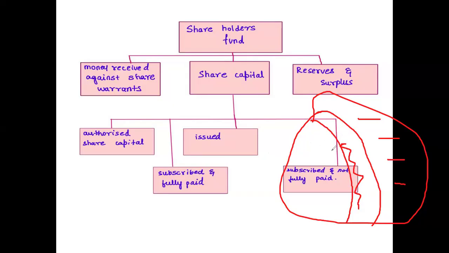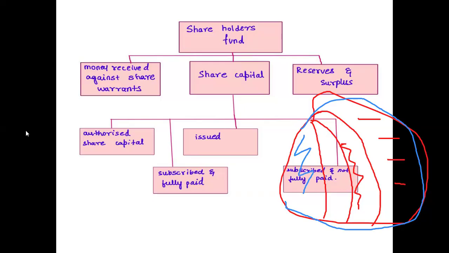So out of the issued portion, the unsubscribed portion is this, and out of the subscribed portion, the people will again pay some part. So if I consider the whole region, actually I am supposed to get this as portion, but I'm just collecting this as capital.